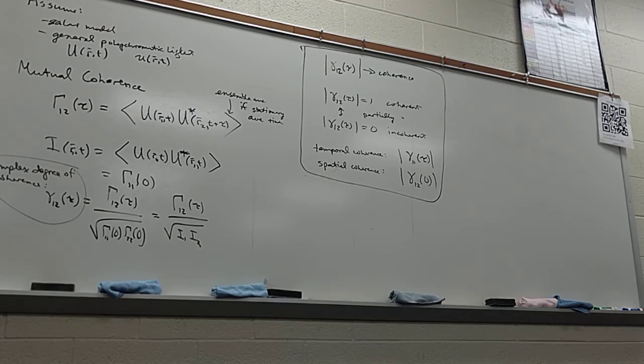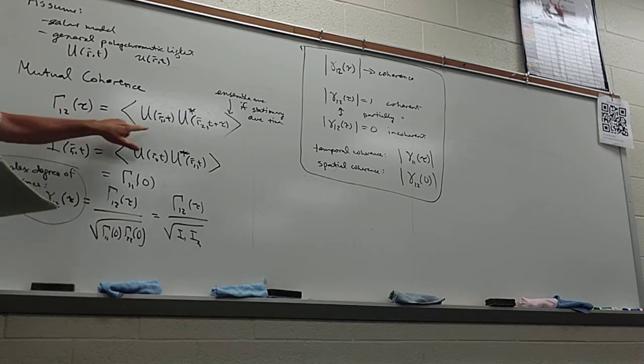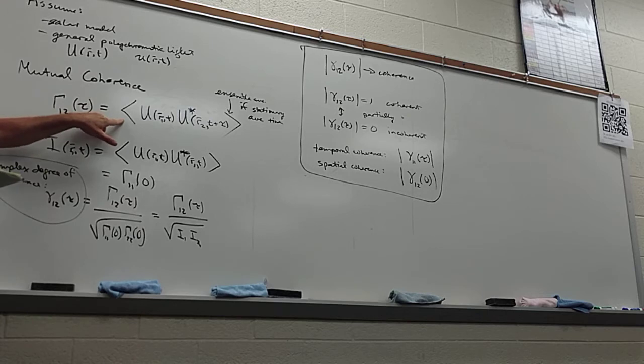Can you explain the complex degree of coherence? What's that? The small gamma. Well, no, because this is averaging over that time. So it's a time average for stationary light, meaning constant irradiance.